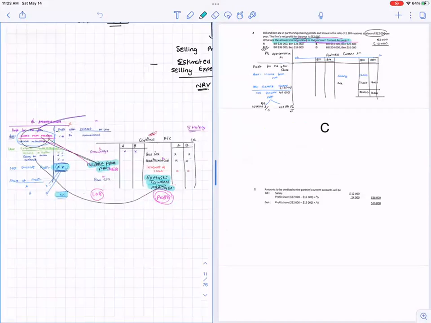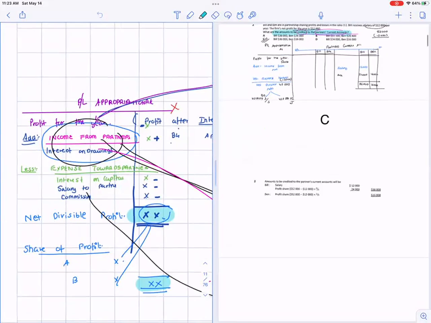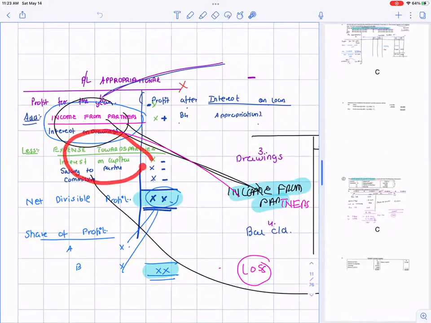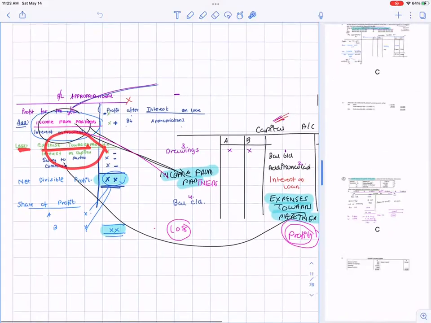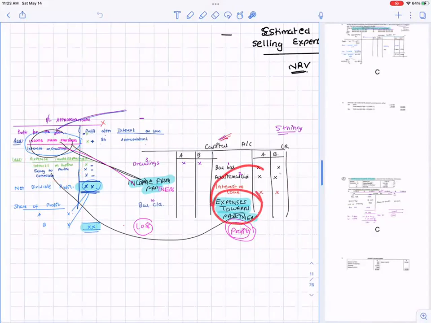Debit side of which account? Appropriation account. We treat it as expense towards partners. So the two effects of interest on capital are appropriation debit and partner's current account. Are you with me? Yes. Okay. Salary to partners, what will be the two effects?